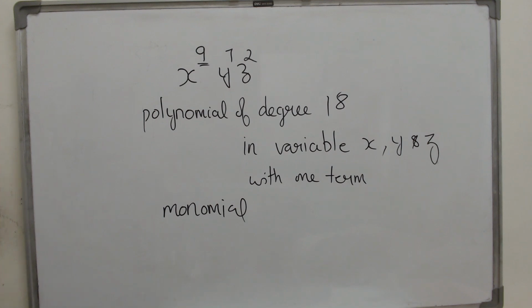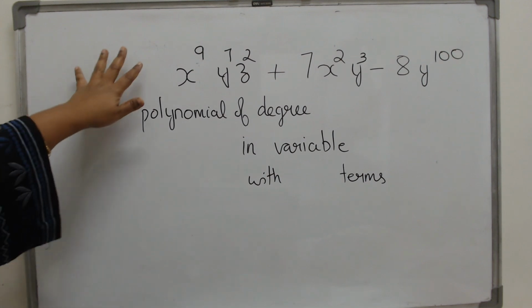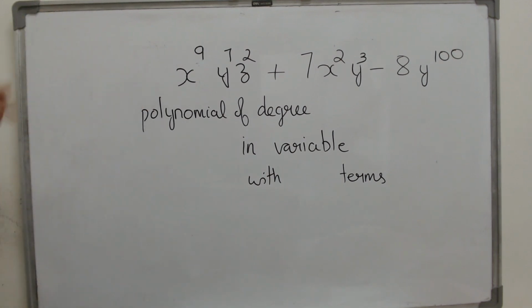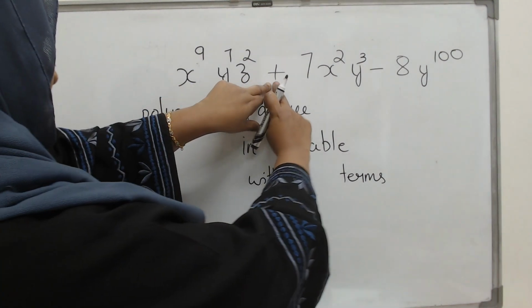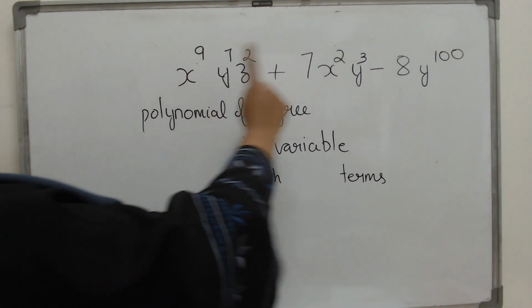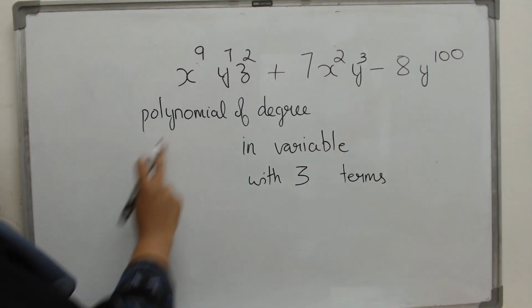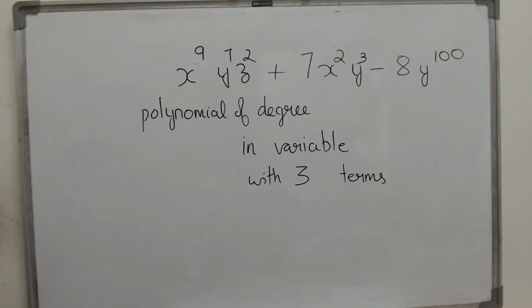Now shall we move on to more terms? From one term let us move on to more than one term. Here we have three terms. What are terms? Terms are expressions which are separated by a plus sign or a minus sign. So you have how many terms here? 1, 2, 3. You have three terms. Such a polynomial is known as a trinomial.